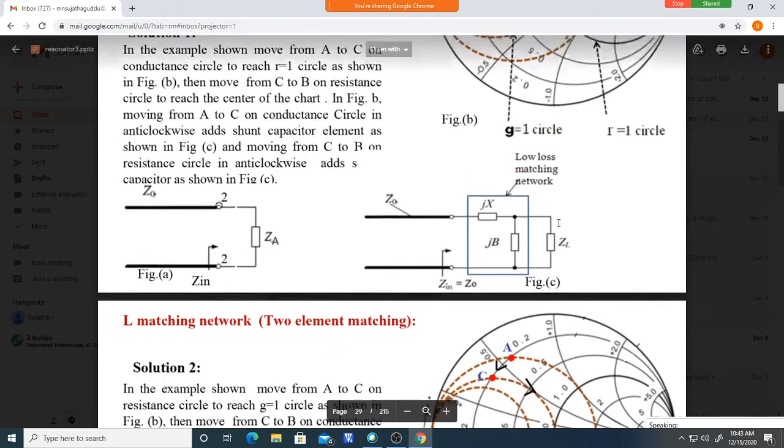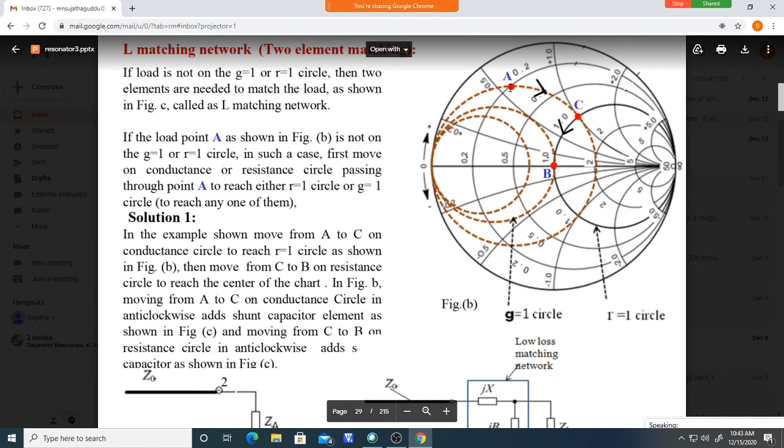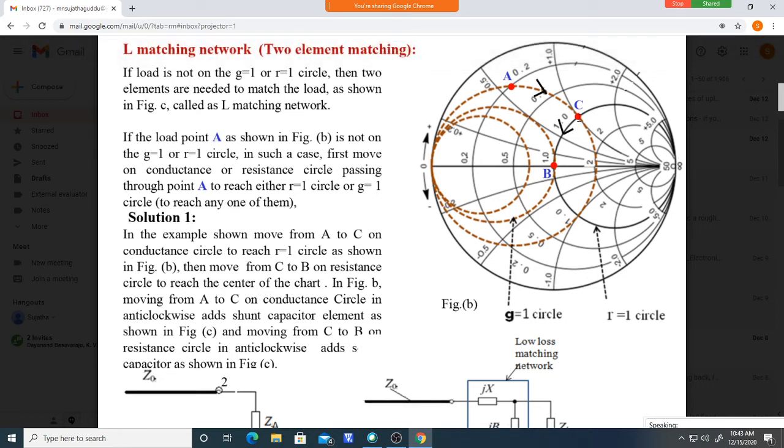In the previous problem, what I did, again here also you should move only on a conductance circle or a resistance circle. So from here I moved on the conductance circle and reached the R equals 1 circle. From here again you should move only on the resistance circle or a conductance circle to reach this point.